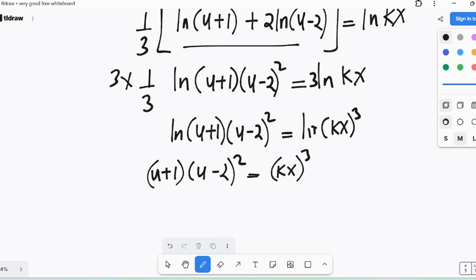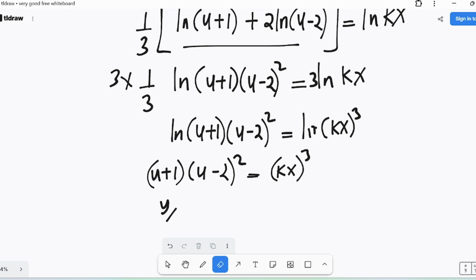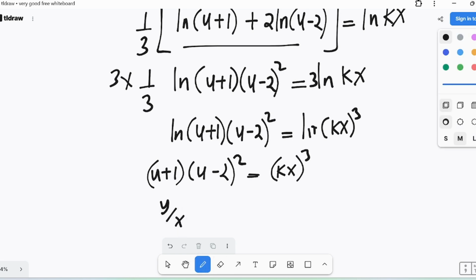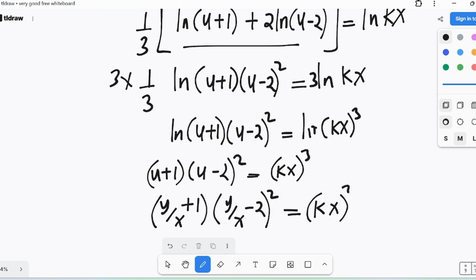Now we put back u. Putting u, we shall have y out of x plus 1 into y out of x minus 2 squared is finally equal to kx everything to power 3.